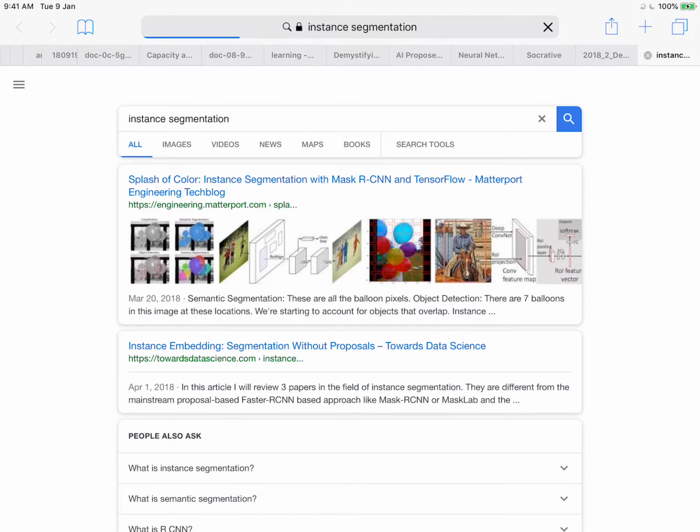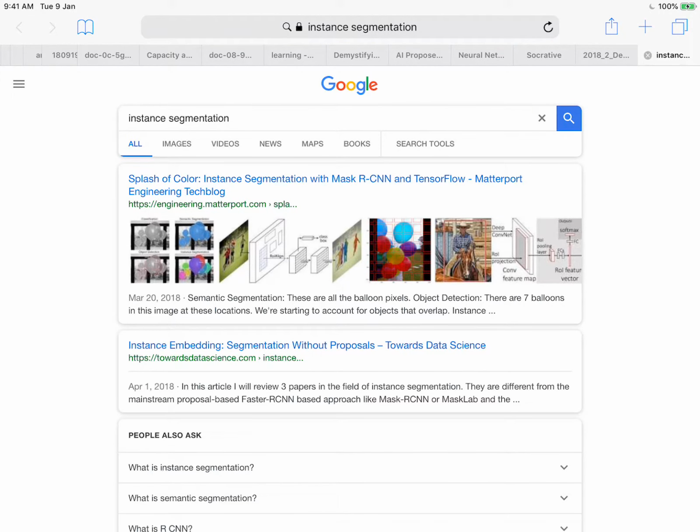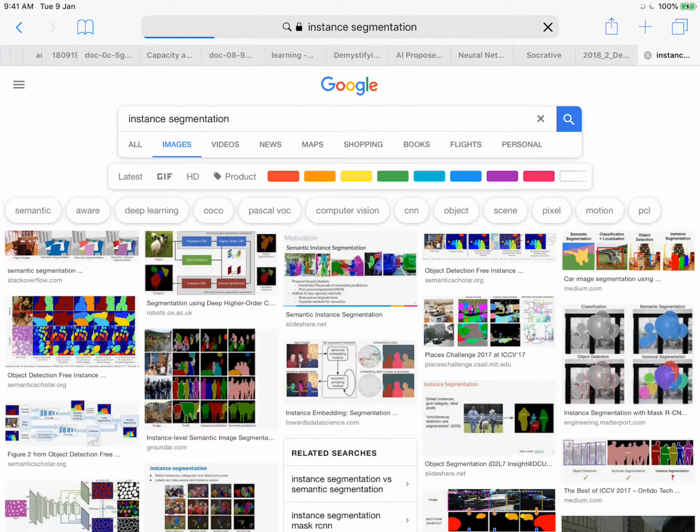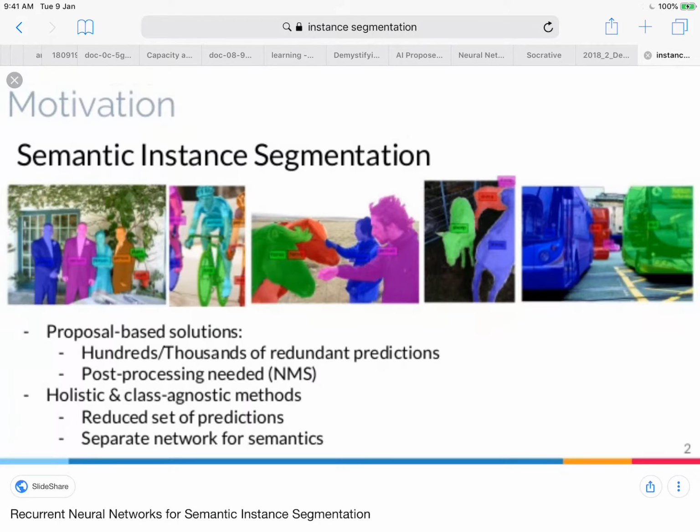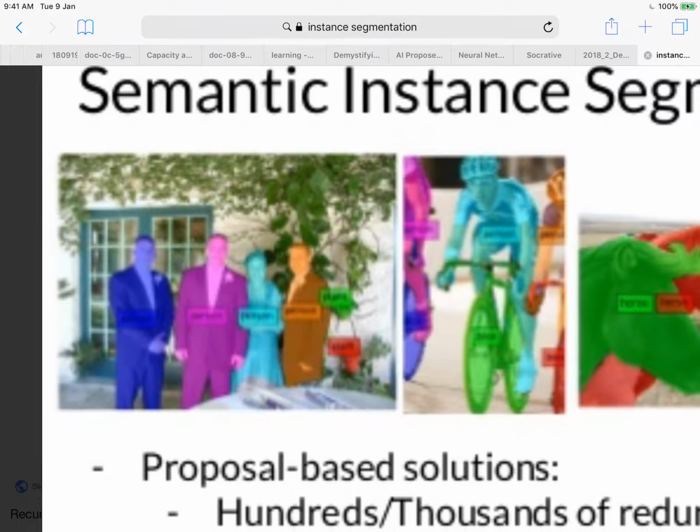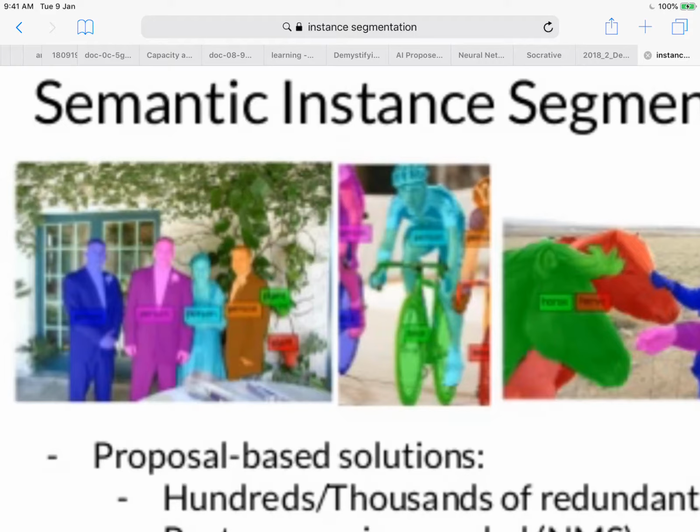there is a task called instance segmentation. Instance segmentation is something like this. Given a particular image, we of course know that there exists a person included in this image, right?